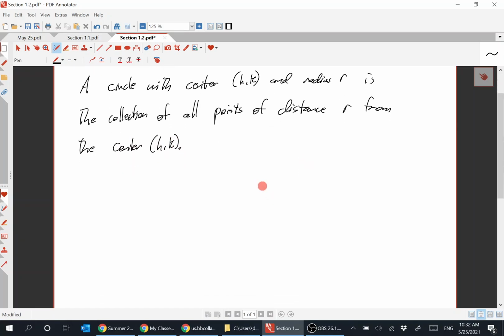So geometrically, that's what a circle is. So here's your center h, k, and the distance from the center to any point on that circle, this distance is r, and that's called the radius of the circle.